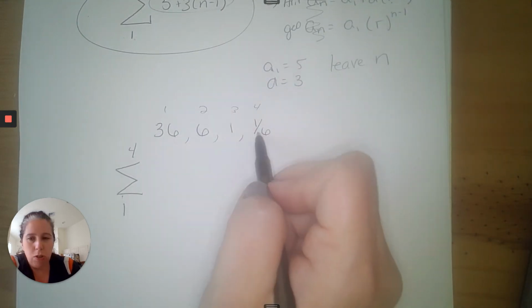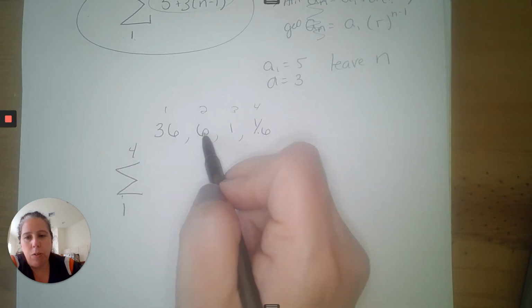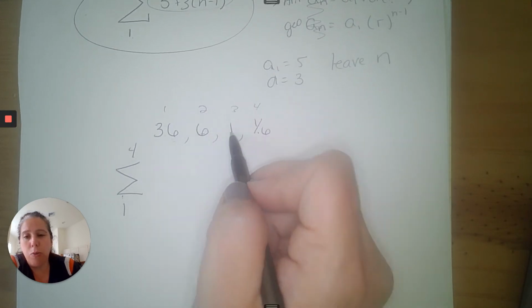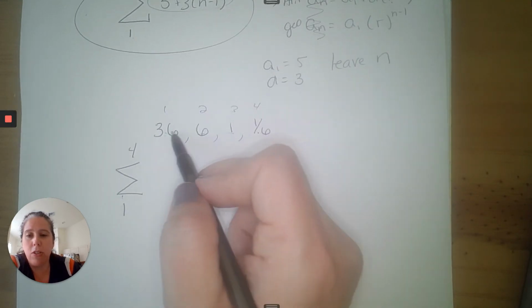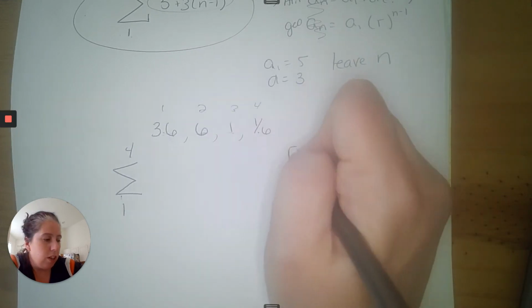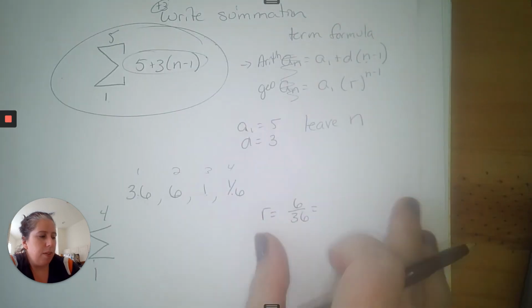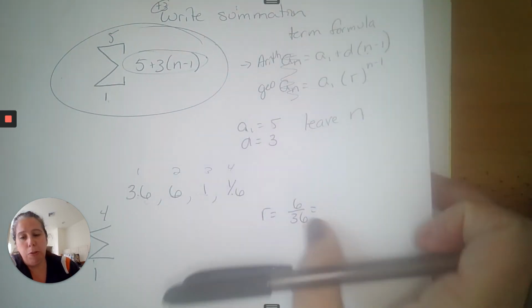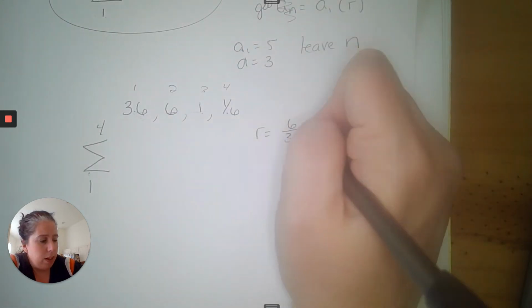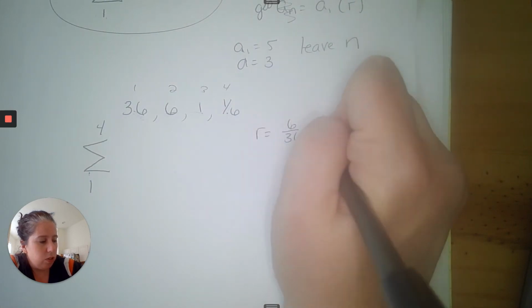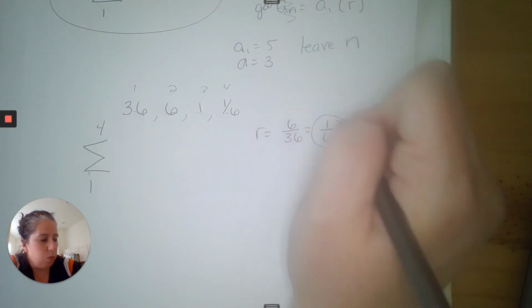Now, is this geometric or arithmetic? From 36 to 6 is a lot more than 6 to 1 if I'm adding and subtracting, so that means it's going to be geometric. So you need to find R. So 6 over 36. The hardest part is just going to be reducing these. 6 goes into 6 once, 6 goes into 36 6 times. So R is 1/6.